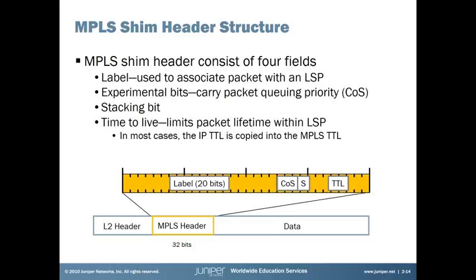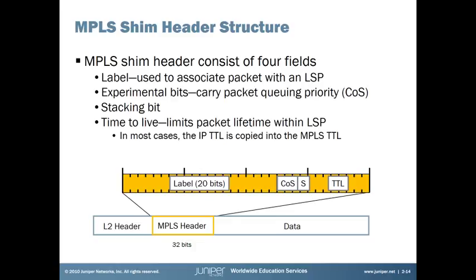And really, the point of that is that you can actually have multiple levels of labels. So you can have more than one label. You can have an inner label and an outer label.